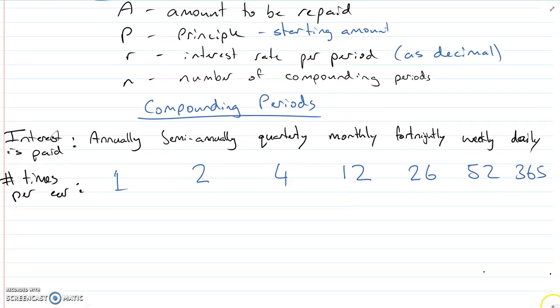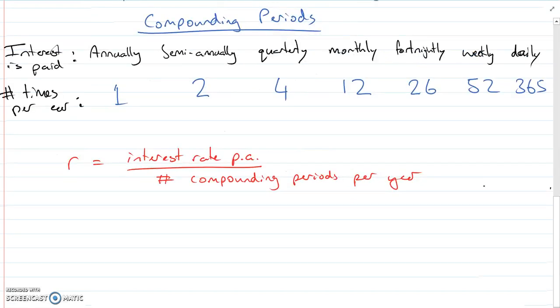In examples where interest is compounded more than once a year, you have to change your interest rate. Your R is no longer the same as your per annum interest rate. You have to divide by one of these numbers to get a new interest rate. If you're getting interest twice a year, you divide by 2.